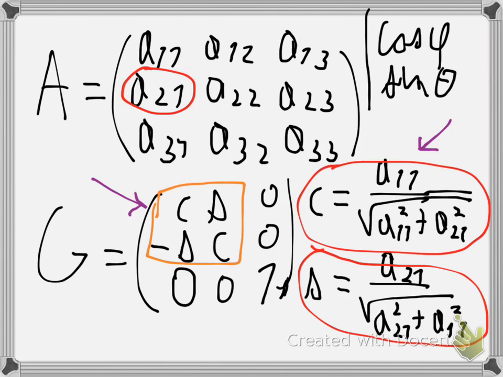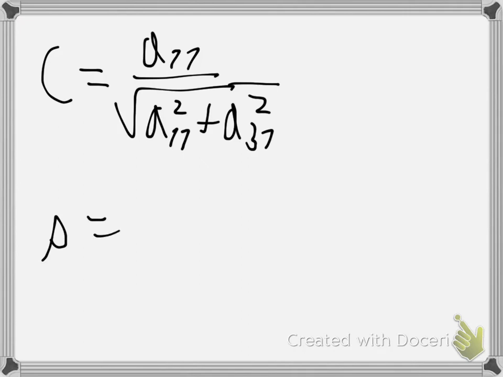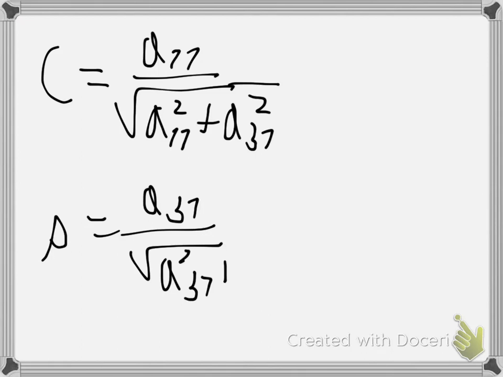And so remember, cosine will be the top element over the square root of the top element squared plus the element we want to eliminate. So this will be A11 over the square root of A11 squared plus A31 squared. And sine will be the element we want to eliminate over the square root of this element squared plus the top element.